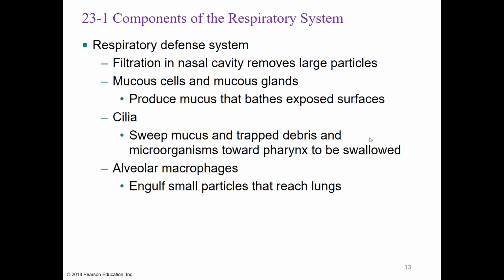These are cells that will engulf small particles that make it all the way down to the lungs. So they're the last chance to catch things that could cause infection. If something gets past all three of those defenses, then we will likely get sick. But we're going to try to trap bacteria and other things that come in with this defense system.